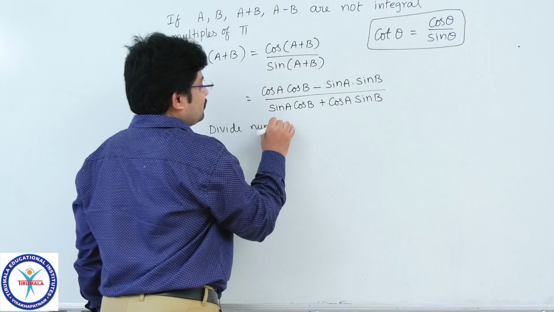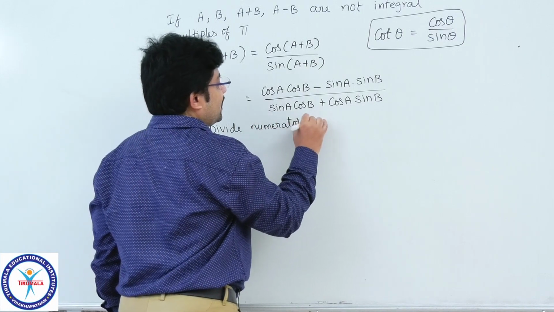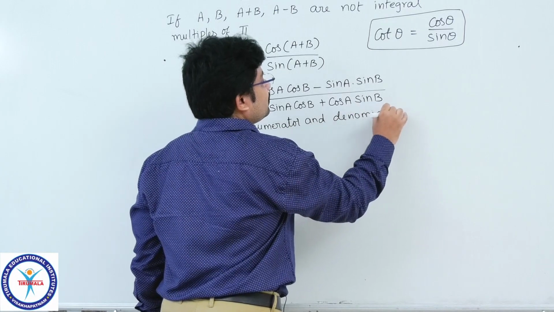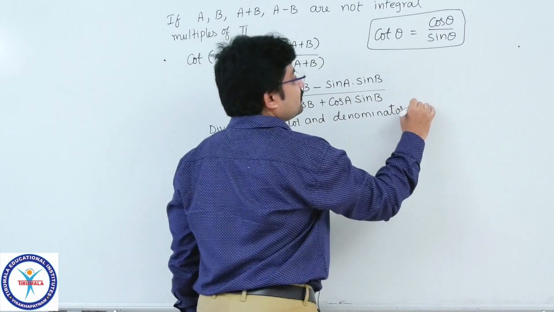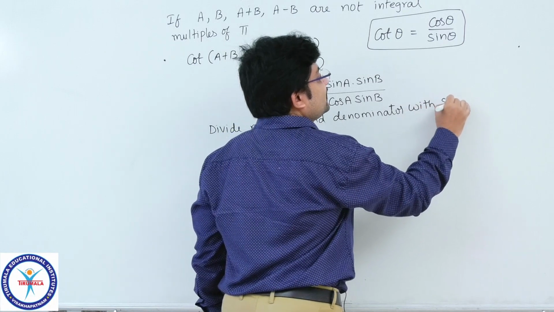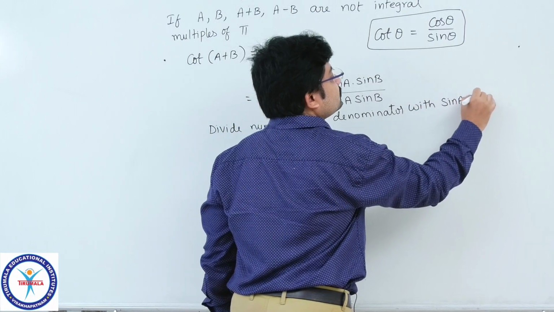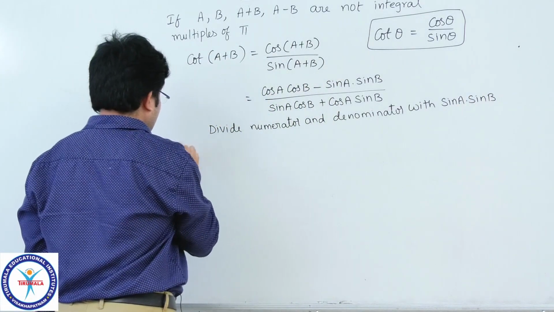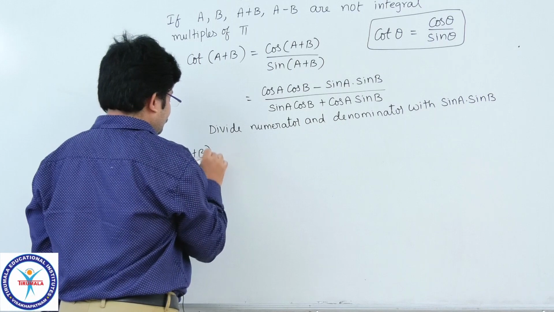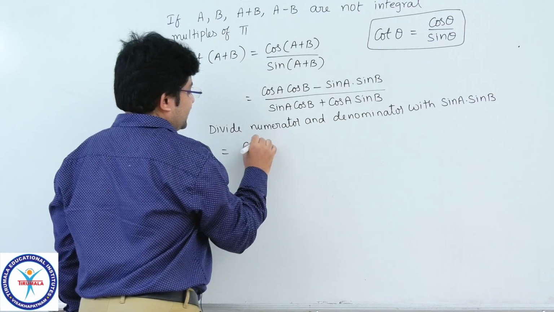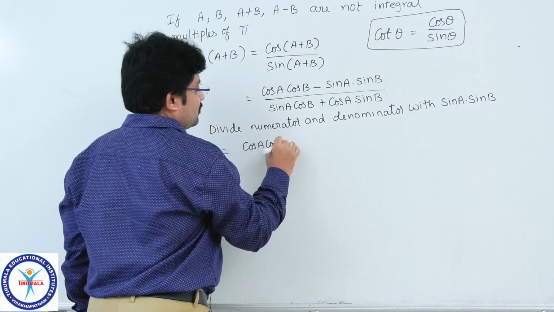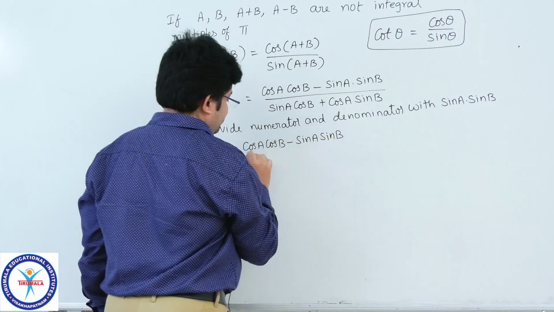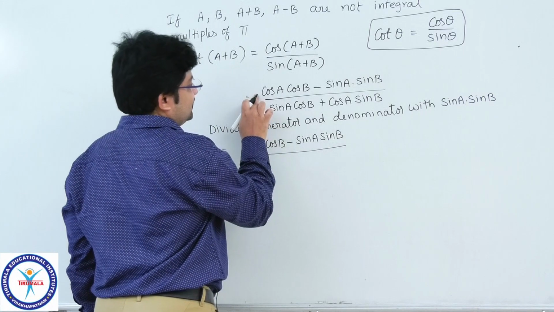Divide numerator and denominator with sin a sin b. Therefore, cot(a+b) is equal to cos a cos b minus sin a sin b by, this is the numerator.